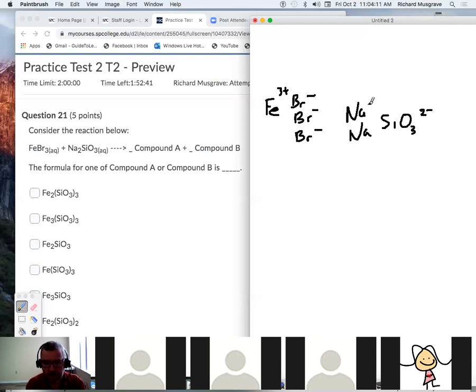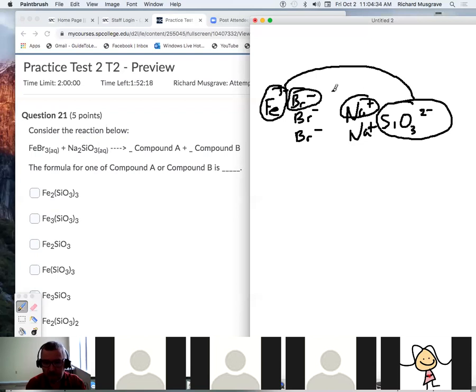So SiO32 minus, again, we get that off the polyatomic ion sheet. So we've got Na plus, Br minus, Fe3 plus, Br minus, Na plus, SiO32 minus. We know that the Fe3 plus joins with the SiO32 minus, and the Na plus joins with the Br minus.